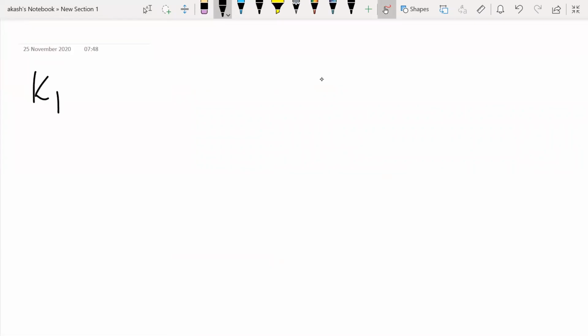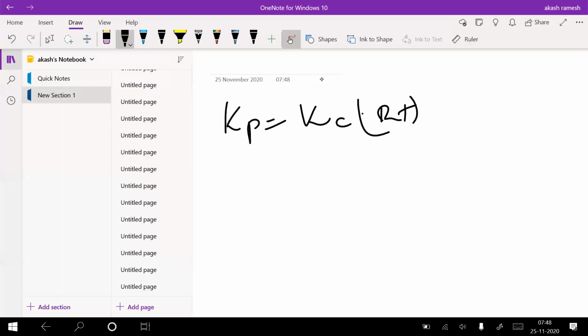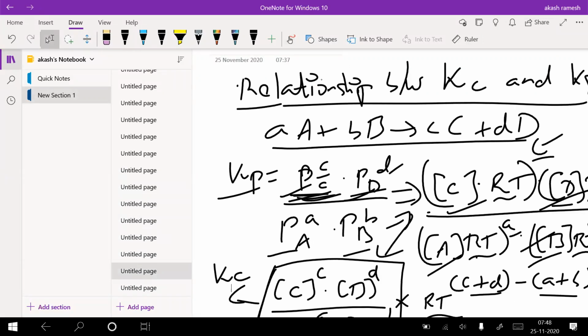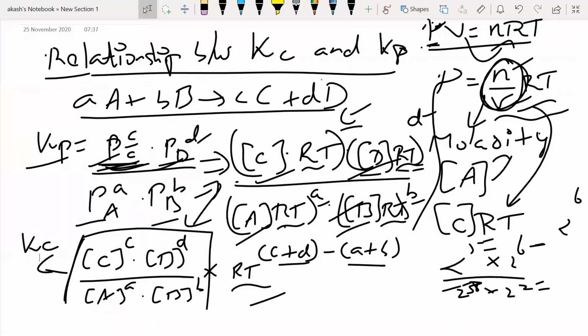We started with Kp. So what happened to Kp now? Kp is equal to Kc RT. Now, if you look at the previous page, I basically have C plus D minus of A plus B, and all these are stoichiometric coefficients.